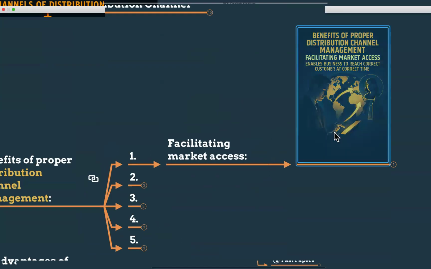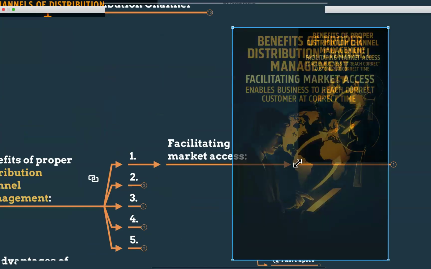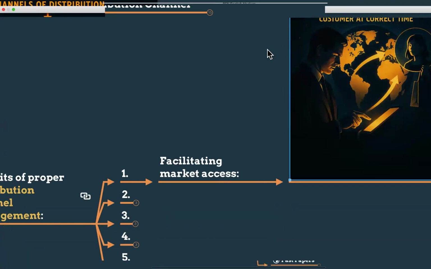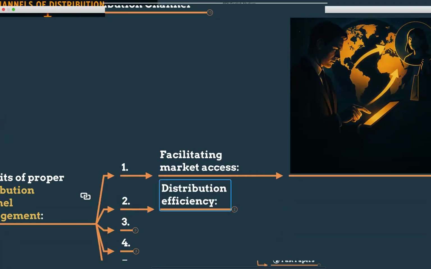My dears, if you are managing your distribution channel, it helps businesses reach the right customers at the right time. The products reach the target customers. It's available wherever they need it, in small shops, right? So it's facilitating market access.